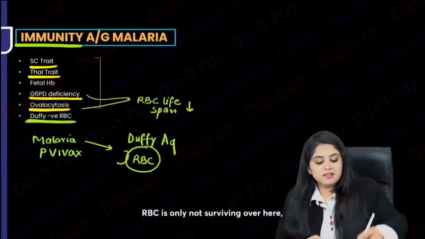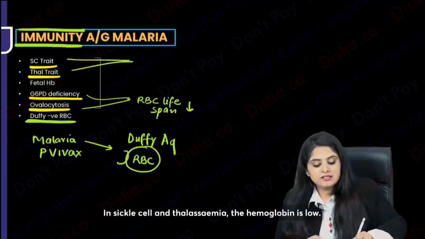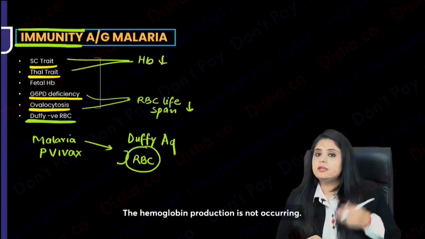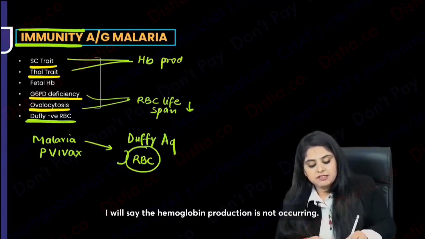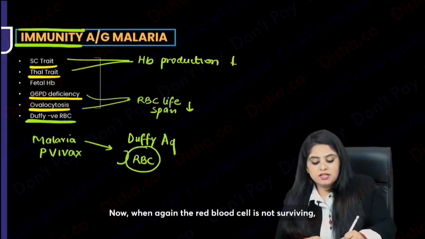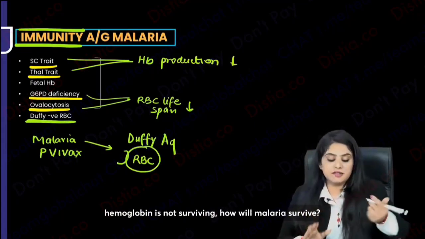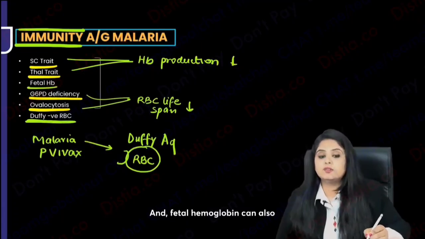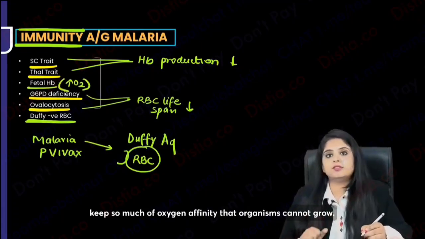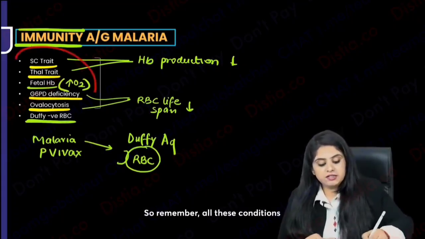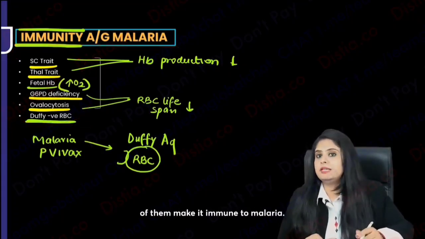RBC is not surviving over here, so the person indirectly becomes immune. In sickle cell and thalassemia, the hemoglobin production is not occurring. Now, when again the red blood cell is not surviving, hemoglobin is not surviving, how will malaria survive? And fetal hemoglobin can also make it immune because fetal hemoglobin keeps so much oxygen affinity that organisms cannot grow. So remember, all these conditions and the absence of Duffy antigen, all of them make it immune to malaria.